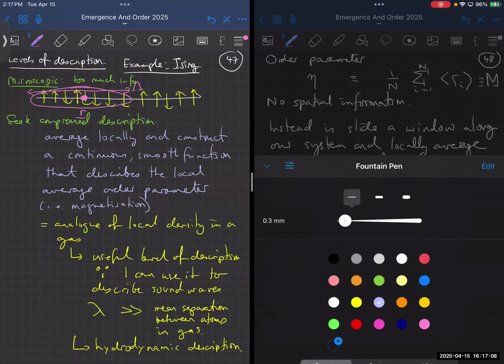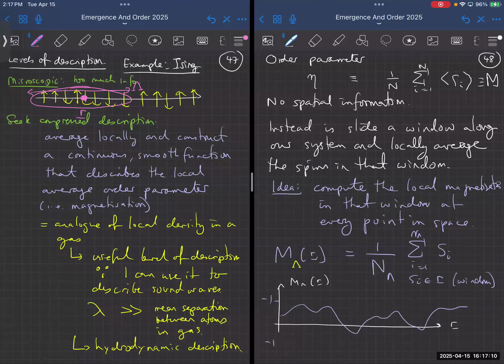Okay, so that's the idea of writing a coarse-grained order parameter. So we're going to call this coarse-grained order parameter. And it's a local object. And coarse graining just means averaging over some little blob and then moving that blob along.